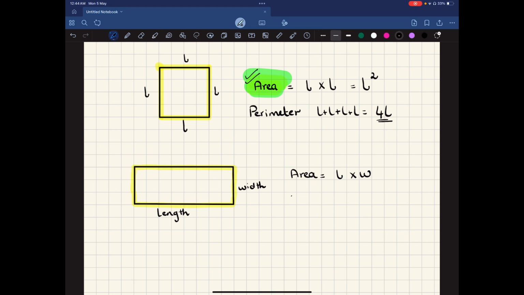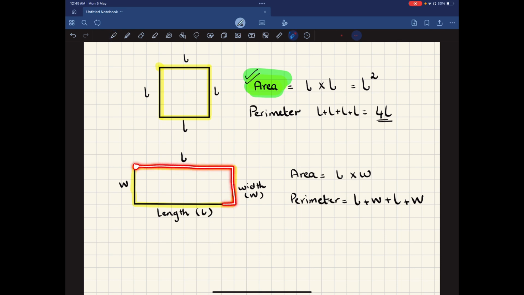So the perimeter is L plus W plus L plus W, right? This is L, this is W, so this is also going to be W and this is going to be L. So the perimeter starts from one point, L plus W plus L plus W. So let's collect like terms together.